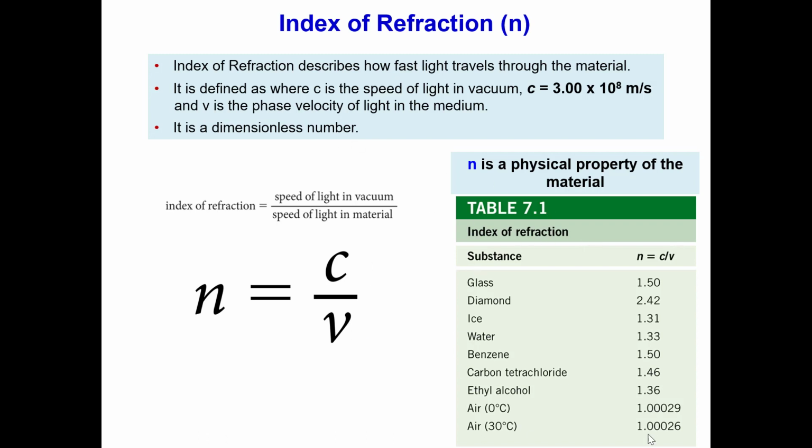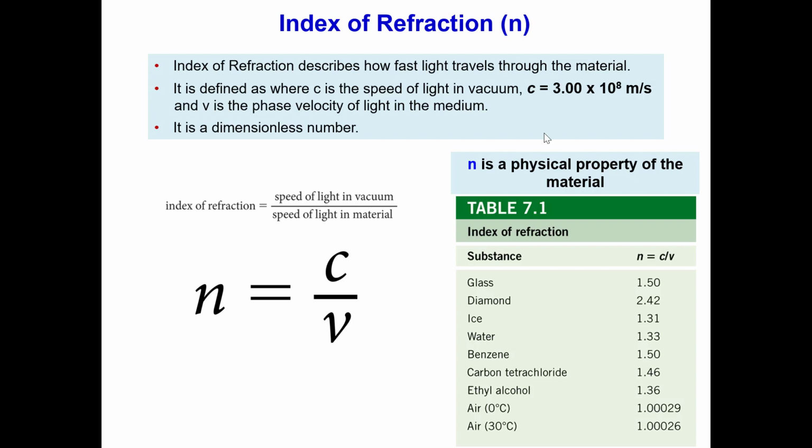We can see in this table the index of refraction of different materials, and one thing we can see is the index of refraction in air at 0 degrees Celsius or 30 degrees Celsius is really the same, and is about 1. This means the speed of the light in air is close to 3.0 × 10^8 meters per second.